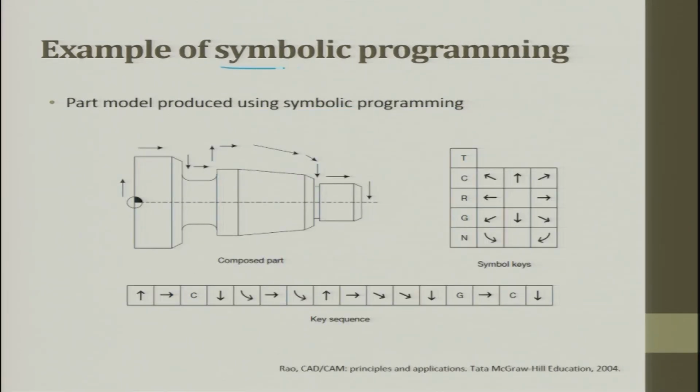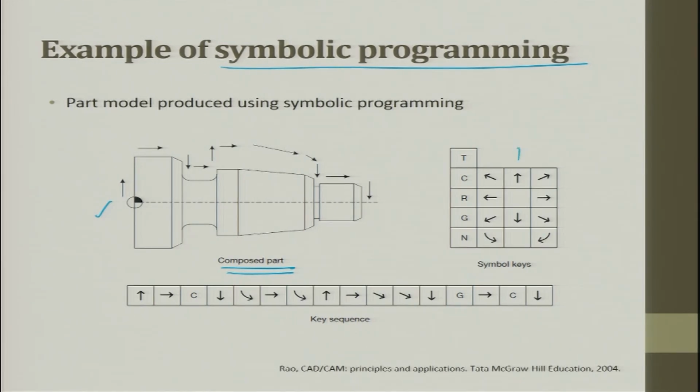The other one is symbolic programming. We use symbols. It is like trying to tell a blind man how to walk, and then walking and generating a path for him so that he regularly follows. Look at this component, which is divided into several lines, arcs and curves. These curves have to be generated one after the other, and that is what is done using symbols here.